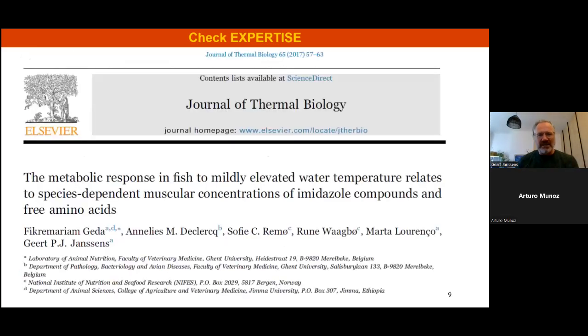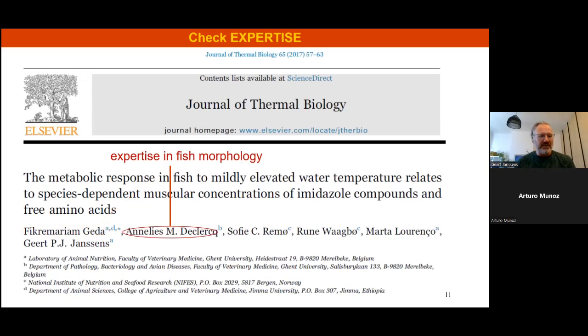So when you check for expertise, and this is just one of the examples, this is from one of my former Ethiopian PhD students, a paper on the exposure of water temperature effects in fish. I just want to show what co-authors are about. So first, of course, you have the first author, which is the Ethiopian PhD student that did the study.